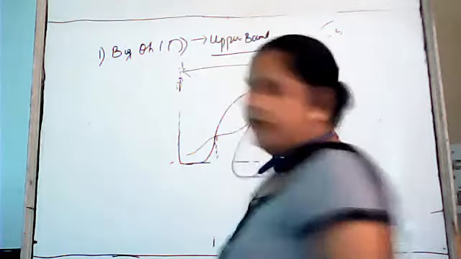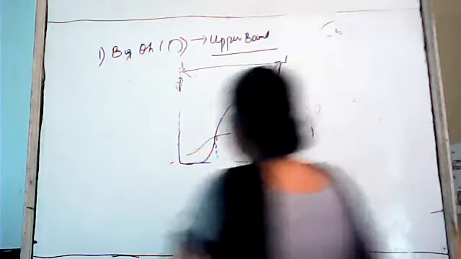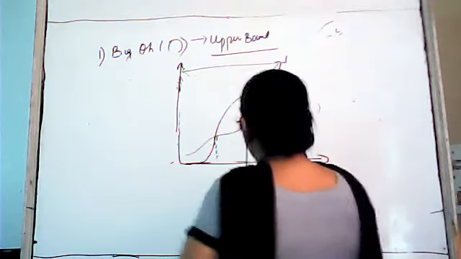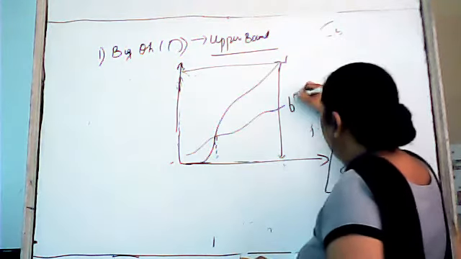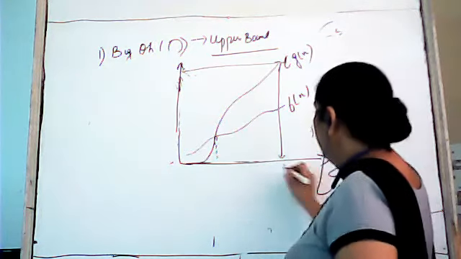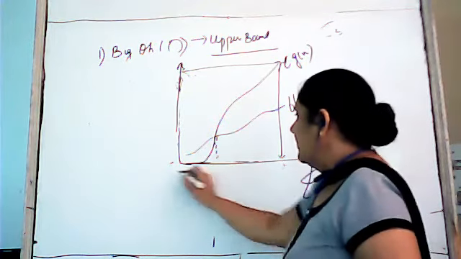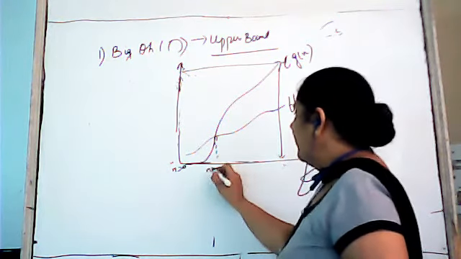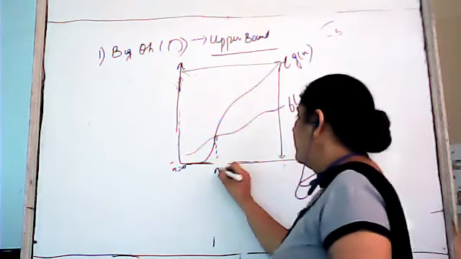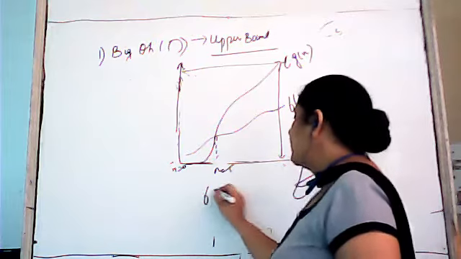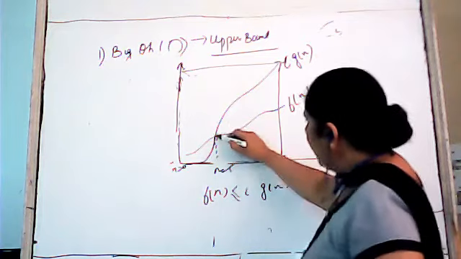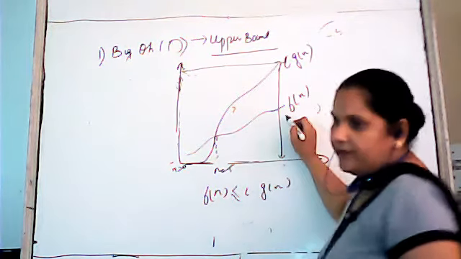See, from this graph we will be able to conclude. This is f of n which is given to us. This is the upper bound graph which we are trying to find. Suppose my n is increasing. It was 0 here. I have told you that for n equal to 5 the condition will be satisfied, that is, f of n will remain smaller than c of g of n, because as you see this graph is becoming greater than f of n.